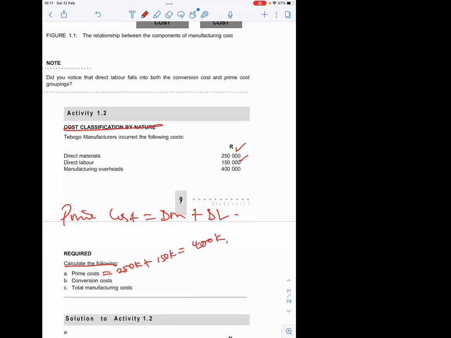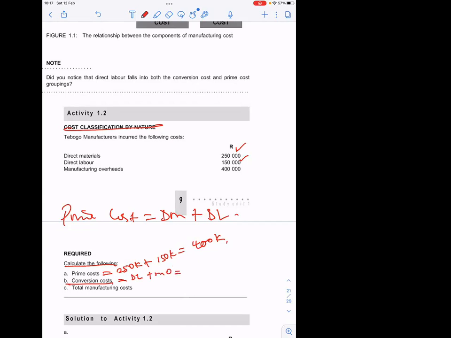Okay. Right, conversion cost. Did we do it in class? You take a mini step back there and say, okay, what comprises conversion cost? Conversion cost is equal to direct labor plus manufacturing overheads.